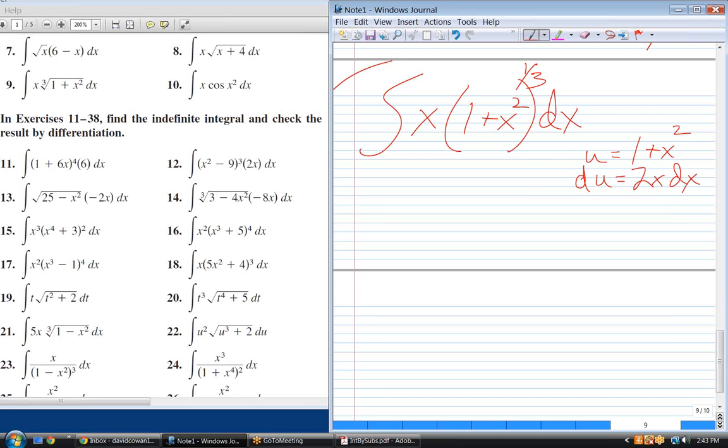Cancel the x. We don't need to. Let's start doing it in a more sophisticated way. Now, to do it this shortcut way, which is 2 steps earlier, it is necessary to think out of the box a little bit. In other words, I'm looking for a 2x dx. Do you see it in that integral?